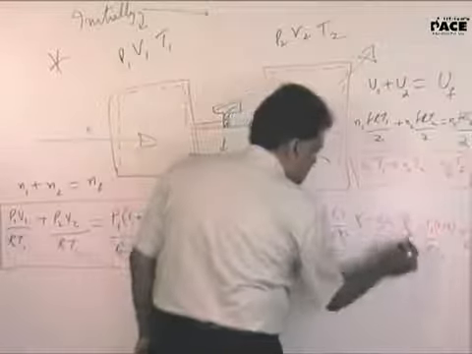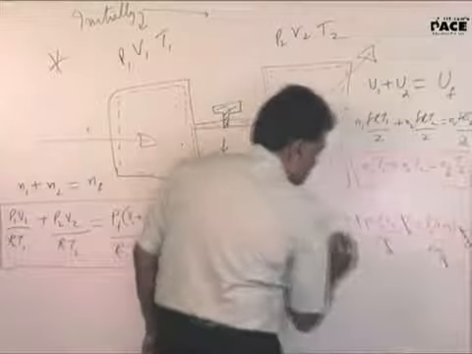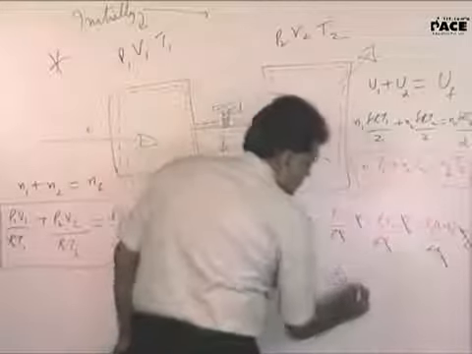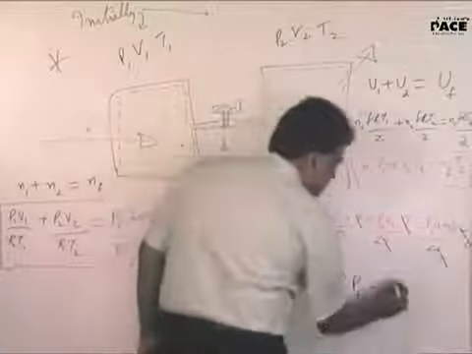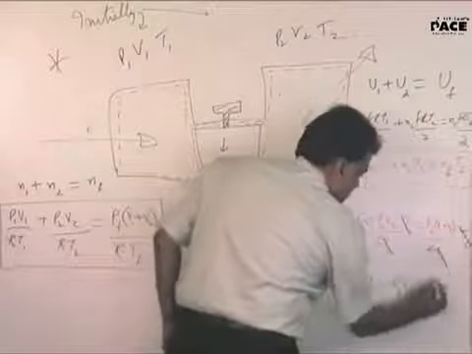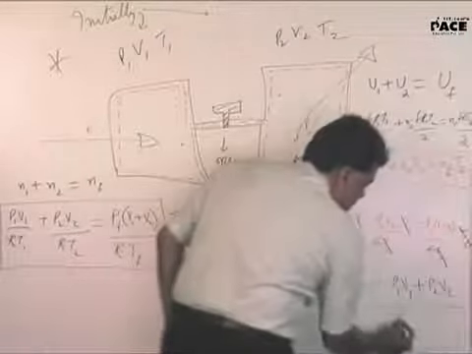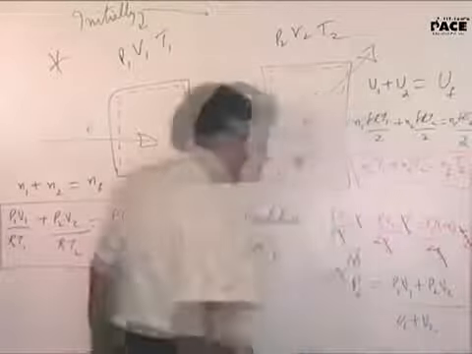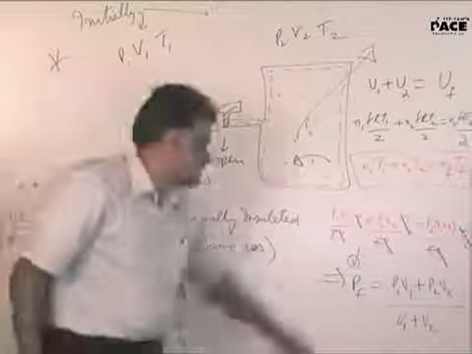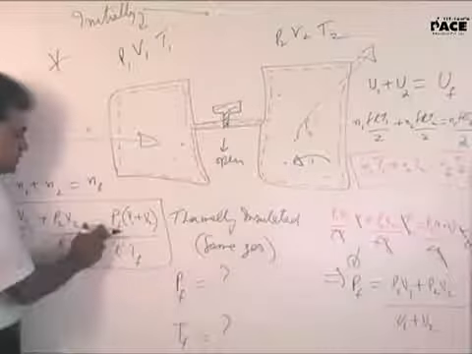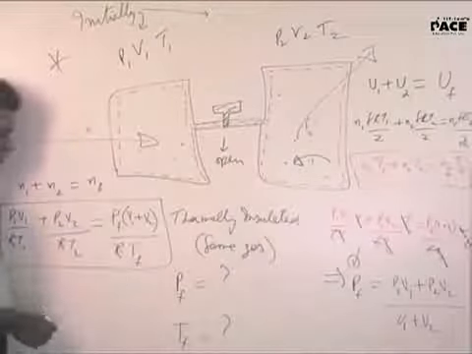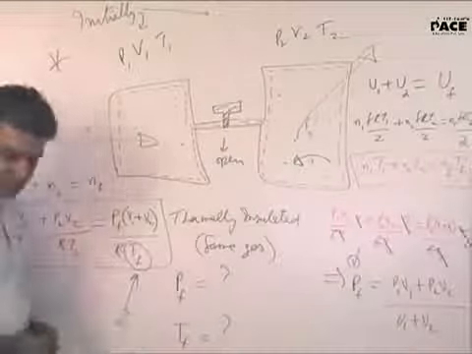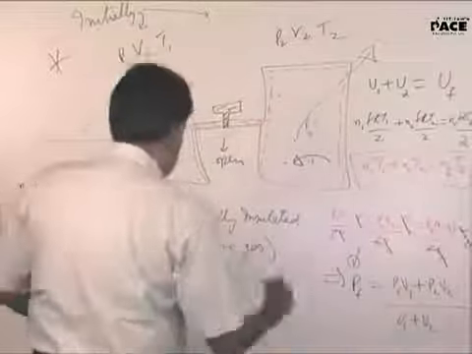T1 T1 cancel, T2 T2 cancel, TF TF cancel, R R cancel. So there you have PF. This implies PF equals P1 V1 plus P2 V2 by V1 plus V2. That's our answer. And after substituting this answer in this formula, we can get T final as well. So I leave the question here. You can solve it further thereafter.